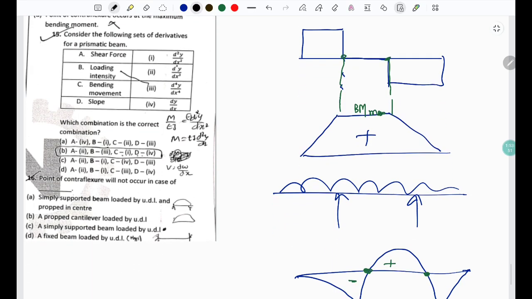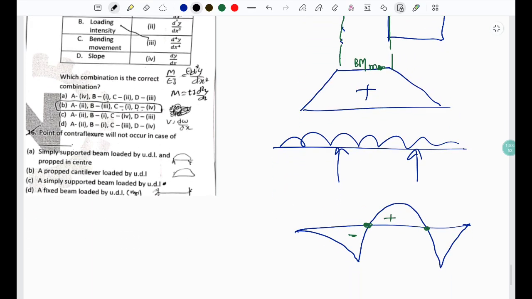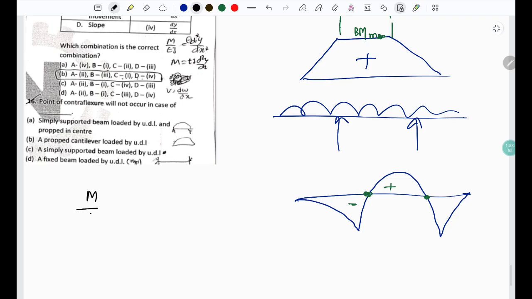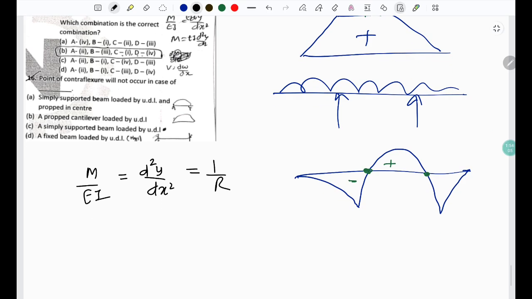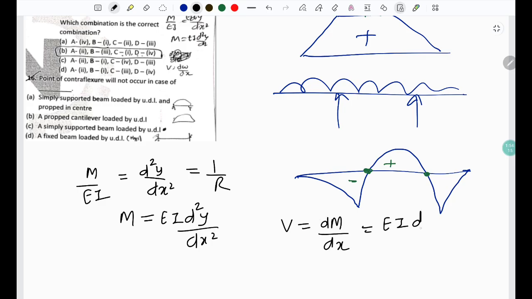Let's see the 15th question. There is a match of the following. This will be solved through the simple fact that M by EI is equal to d square y by dx square, which is equal to 1 by R. Therefore M equals EI d square y by dx square. Now shear force is written as dM by dx, which can be written as EI d cube y by dx cube.